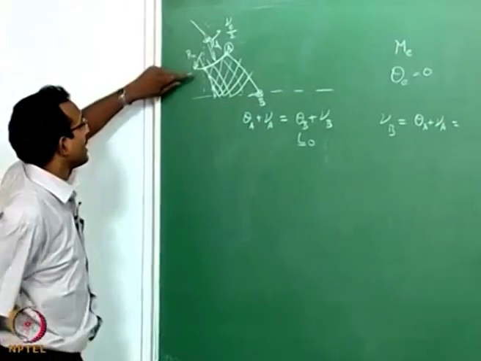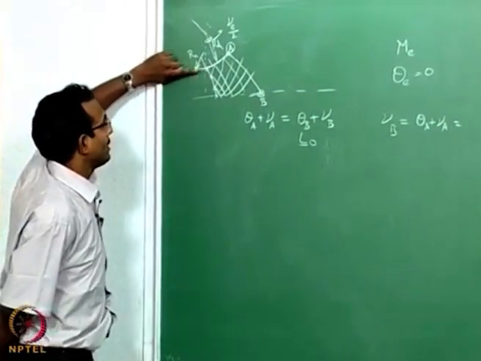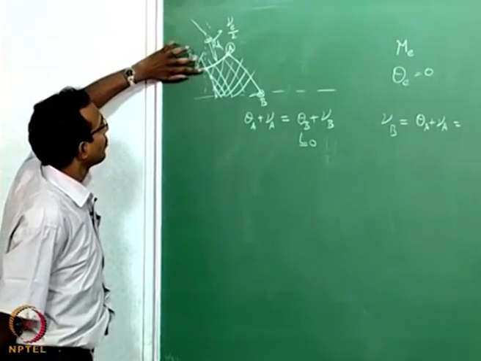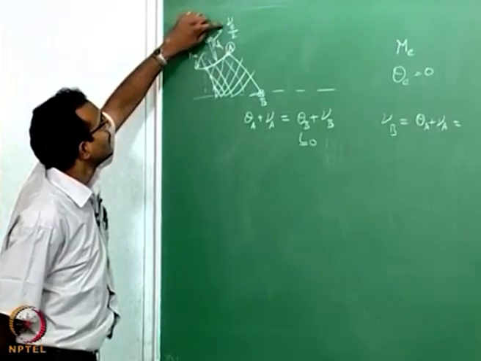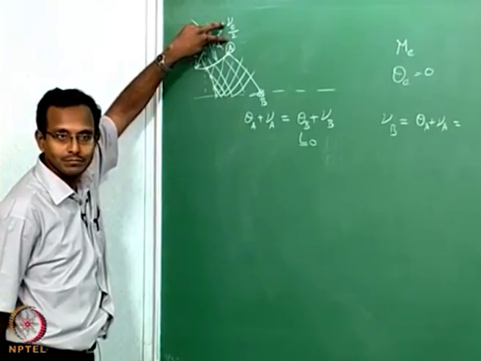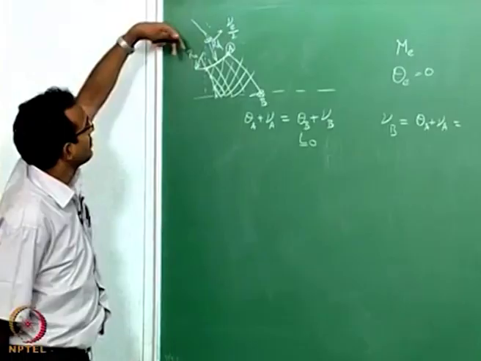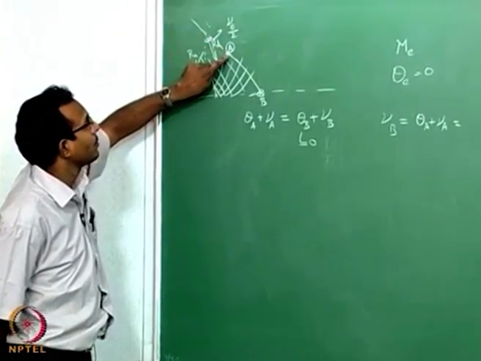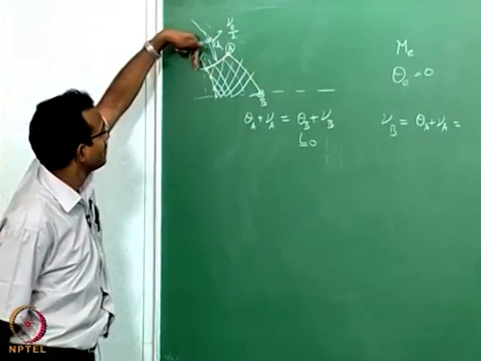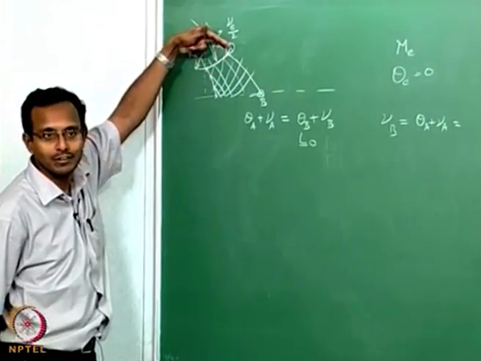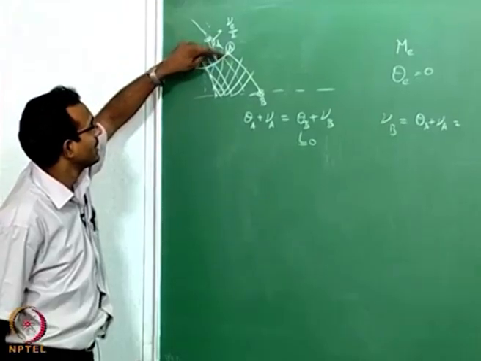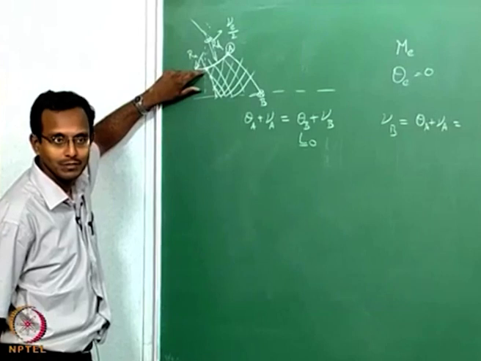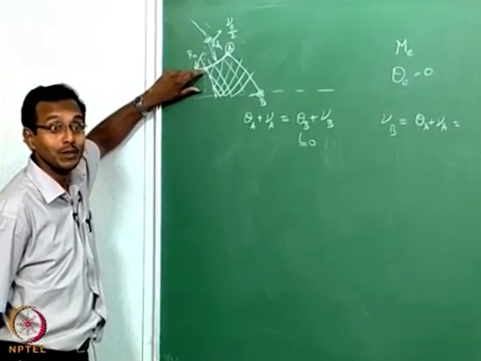Now, I said we are starting from parallel to the axis where theta equal to 0 and rotated by the nu exit by 2 angle, which means this theta at this point, since it is an isentropic expansion around the corner, is going to be the same theta and same nu. I started with M equal to 1, theta equal to 0. M equal to 1 corresponds to nu equal to 0.